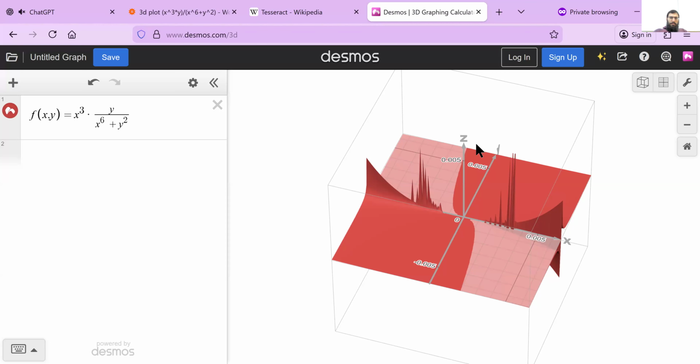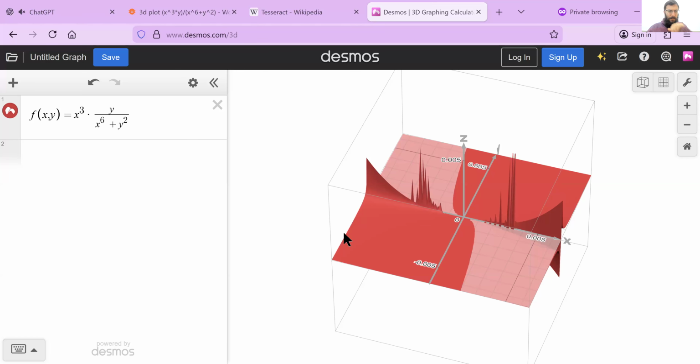Good for Desmos. Any questions about the graph here? Again, I'm not expecting myself to know how to draw such stuff, but using some 3D grapher, we can, at least when it comes to two variables, imagine how it should be.